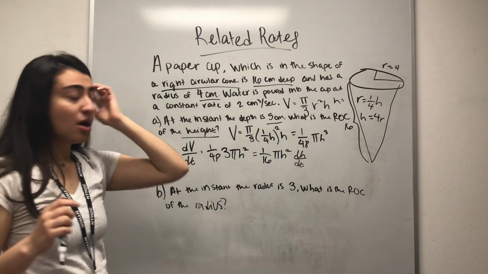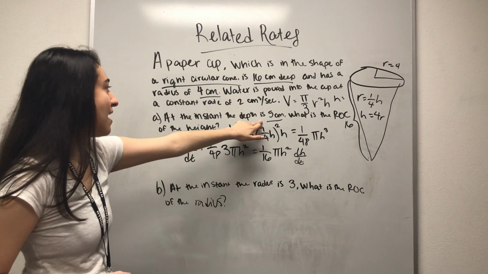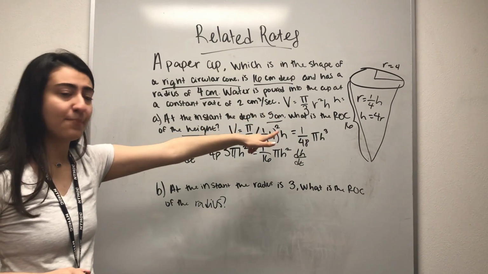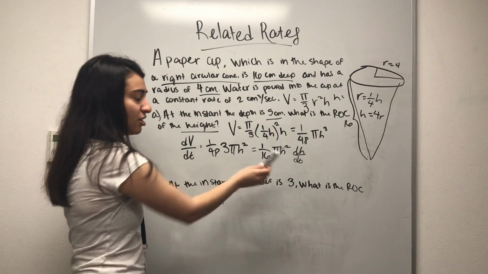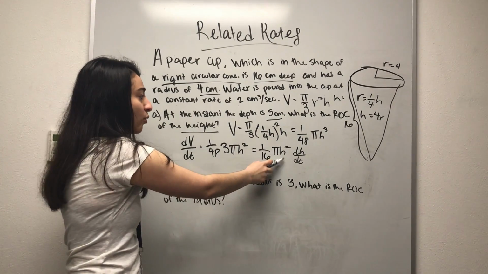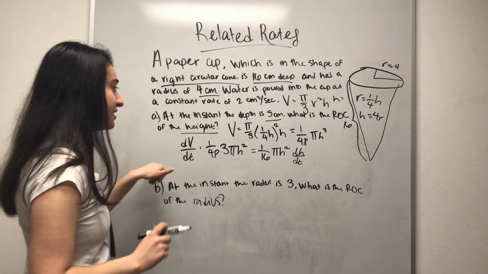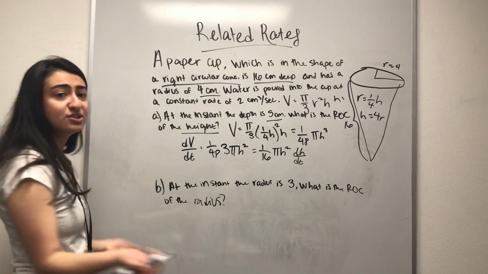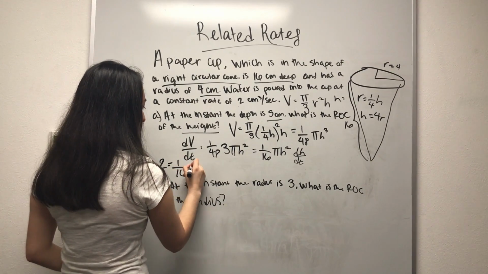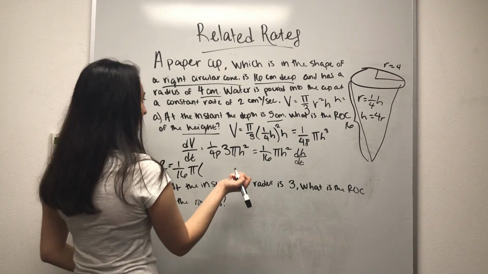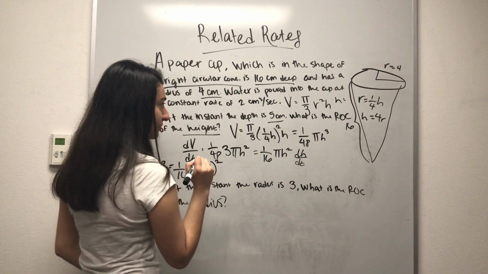Okay, cool. Our next step is to plug in the 5 centimeters for the instant depth, what we are looking for. We're going to go back here and plug that in only for H. We also know what dV dt is, and that is 2. So it's going to be 2 equals 1/16 pi times 5 squared.